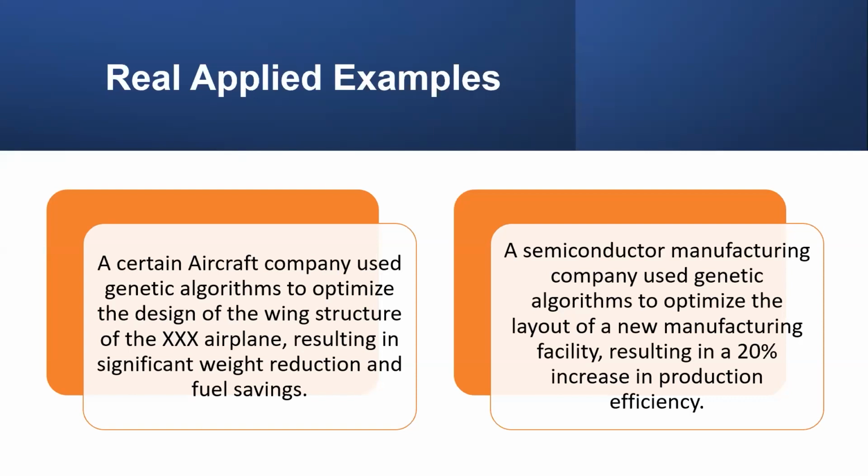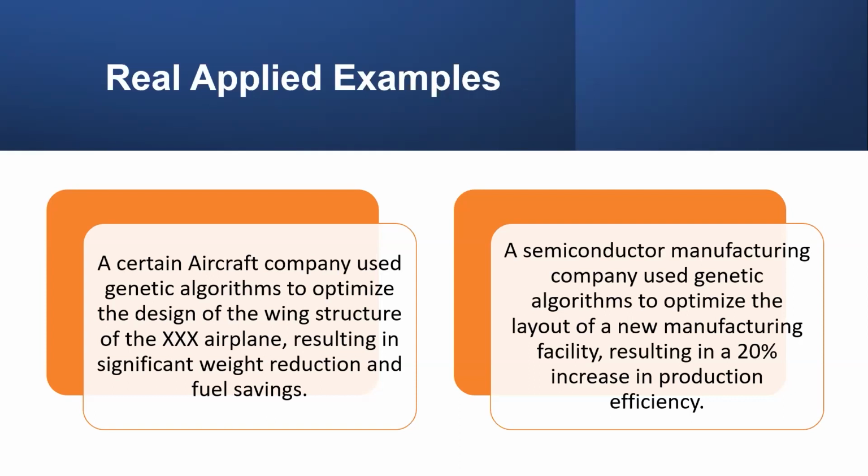So here I have two real examples. There might be much more than this. I have masked the original company. A certain aircraft company used genetic algorithms to optimize the design of the wing structure of a certain airplane, resulting in significant weight reduction and fuel savings.